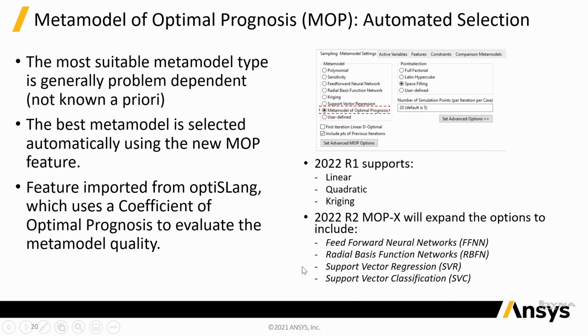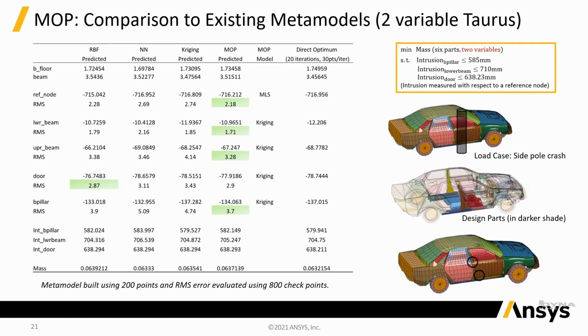And so we did two examples here. There's a small one, with two variables, the so-called torus model, and then there's also a truck model with 22 variables. You can see in the columns there, on the left are some of the responses. These are intrusions, I think mostly. What we did is we used 200 points to construct a metamodel, and 800 checkpoints, just used for calculating errors.